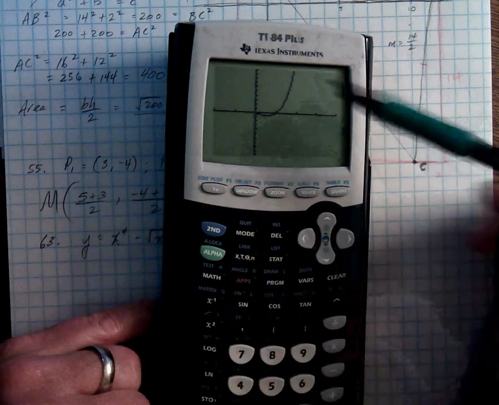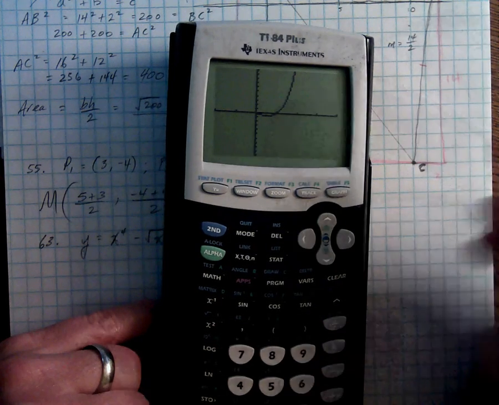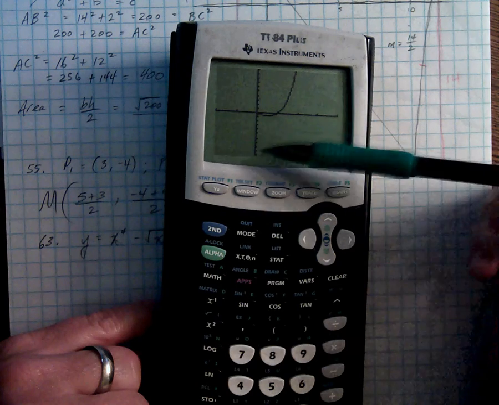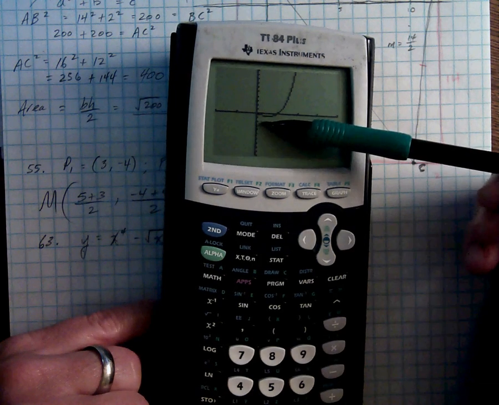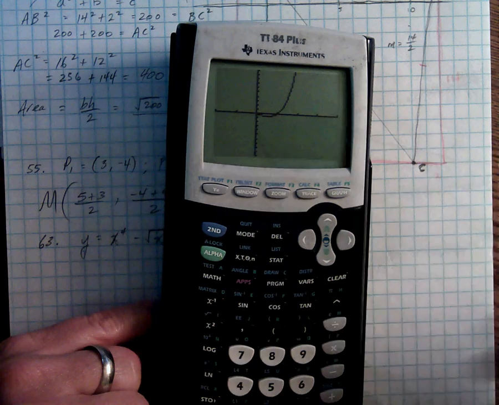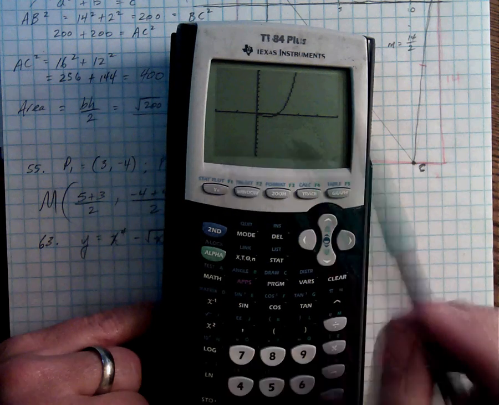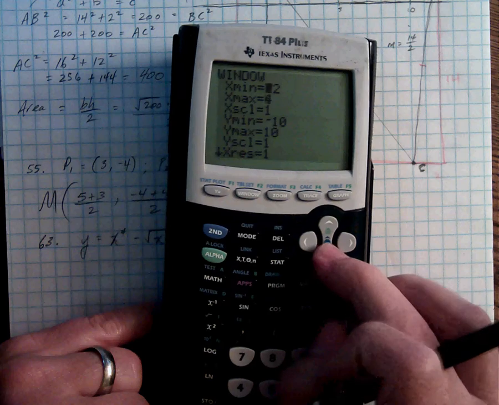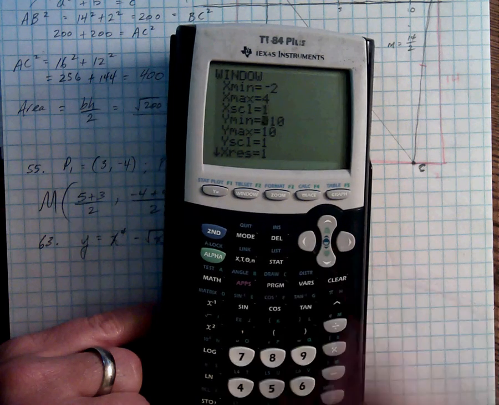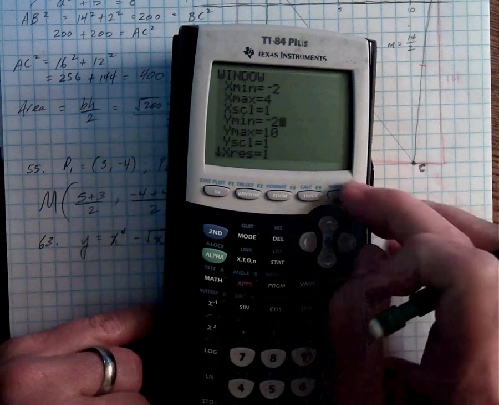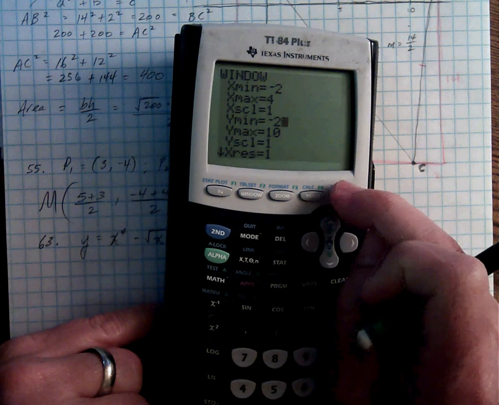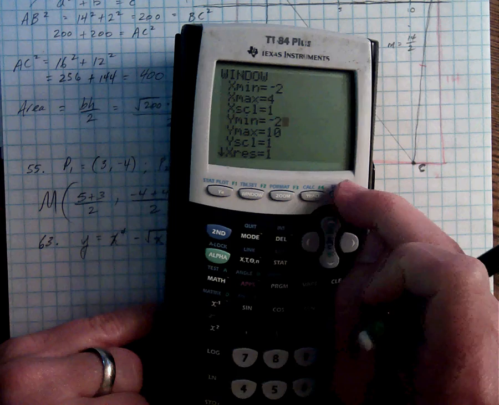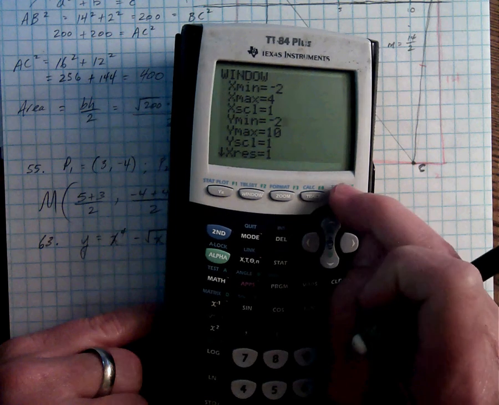And then you can see it dips down a little bit, right? So if I want to see that a little better, I can just get rid of all this space by making maybe my x minimum -2. My y minimum, so I'll go into my window, change my y min to -2. Again, if you're not used to this, you might want to pause the video, do the same thing I'm doing on your calculator, see if you can get the same pictures.